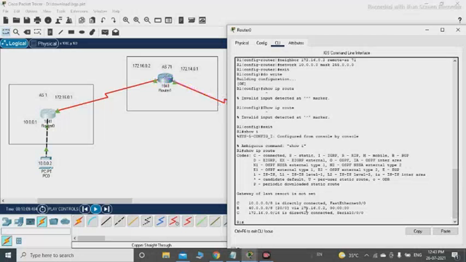We can also see the BGP status, like show ip bgp summary.